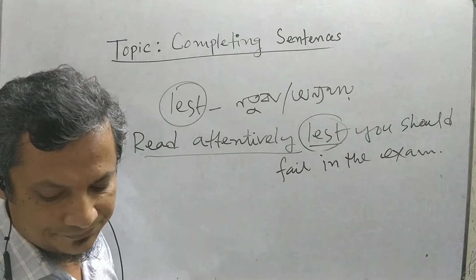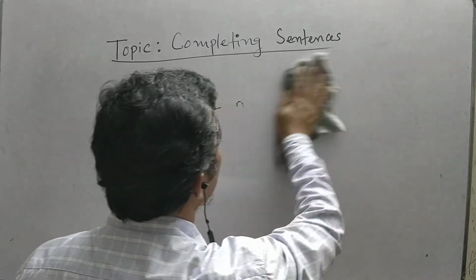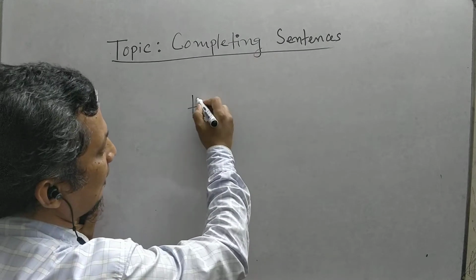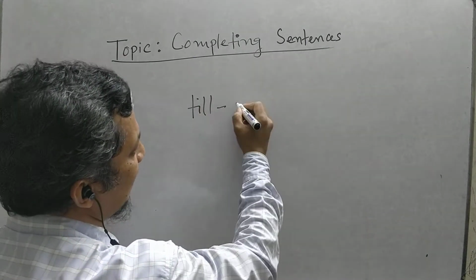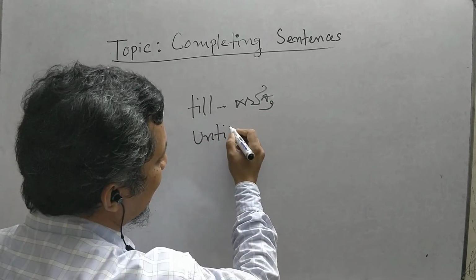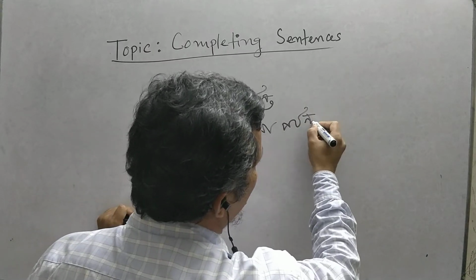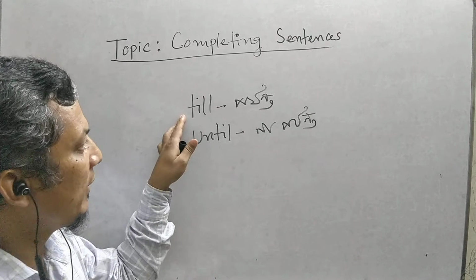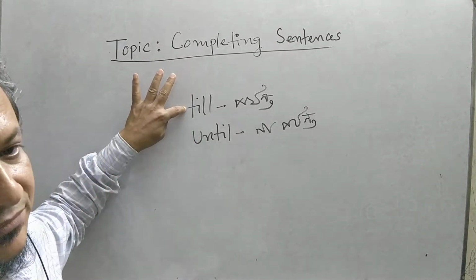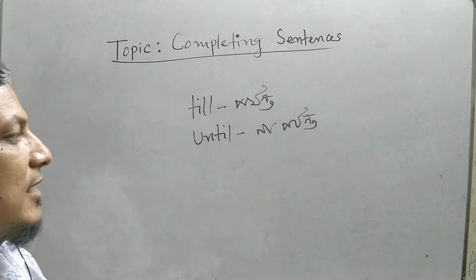Okay. Now, till. The Bangla meaning is porjonto. Until. The Bangla meaning is na porjonto. That means when we use till, it will be a definite time, and when we use until, it will be an indefinite time.